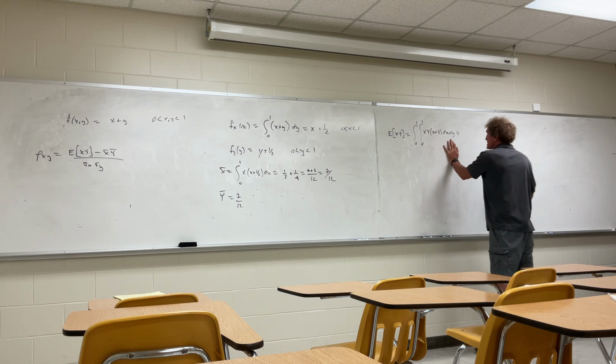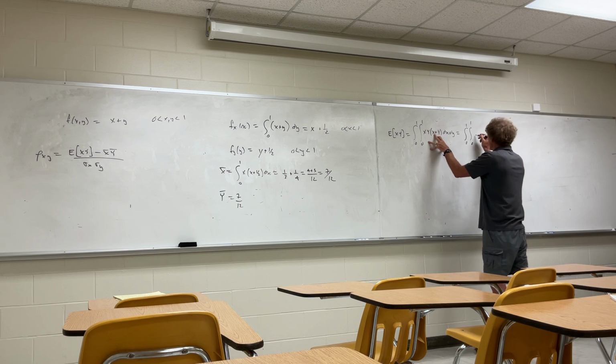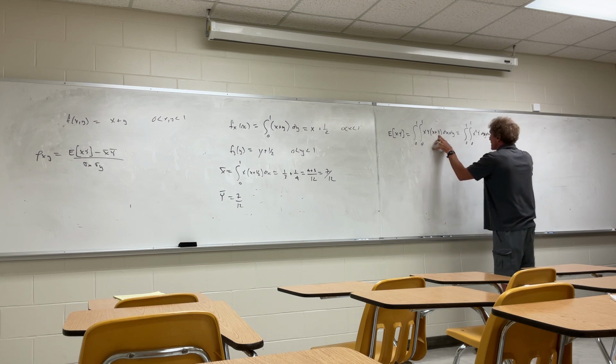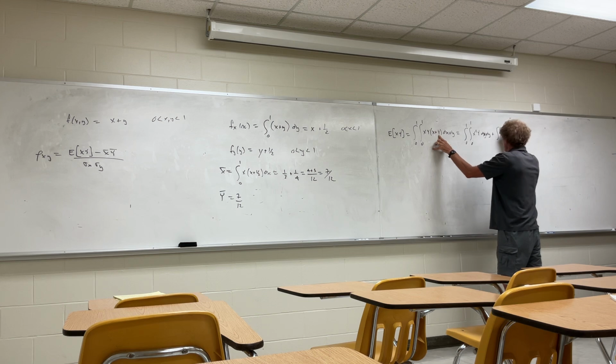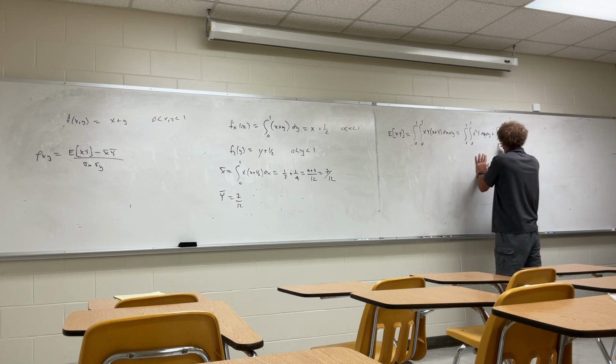What's this going to be? Now we'll do the dx integral. I'll break it down into 2 integrals first, from 0 to 1, 0 to 1. So I'm going to have the double integral of x squared y dx dy plus the double integral of x y squared dx dy, 0 to 1, 0 to 1.